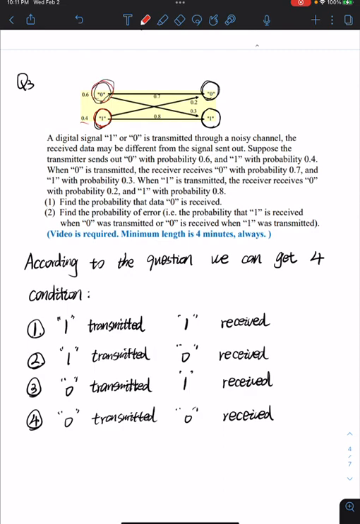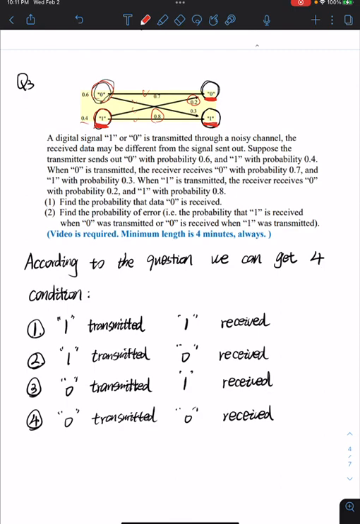Also, we can get the four conditional probabilities, which are the four links in this graph. The first is 1 is received assuming 1 is transmitted, with the probability of 0.8, and 0 is received assuming 1 is transmitted with the probability of 0.2.